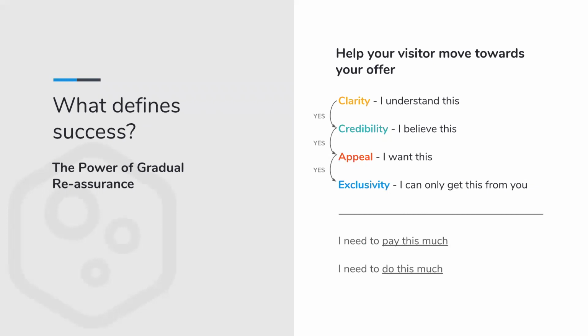Once you provide clarity in your message, and credibility and appeal, and make it exclusive to your business, more often than not what they need to pay becomes almost irrelevant to your visitors. They need to understand where they are and what they can do, how credible you are in terms of your product or service, how appealing it is to them, and how exclusive it is, that this kind of service or product is only available through your business.